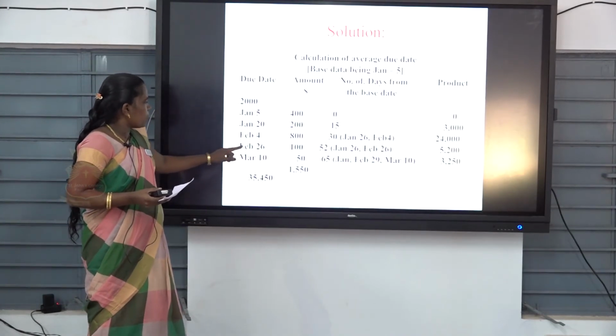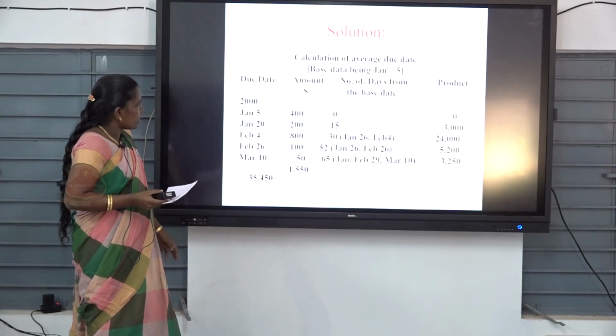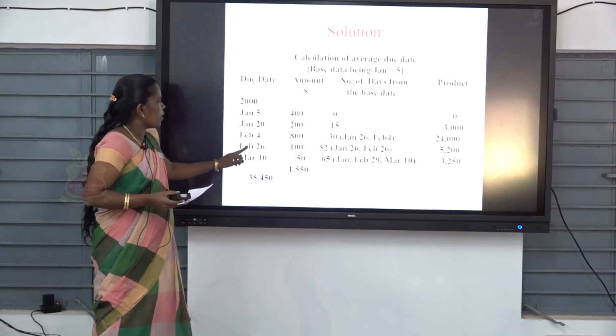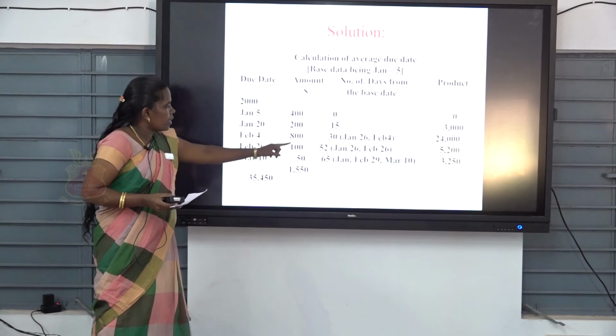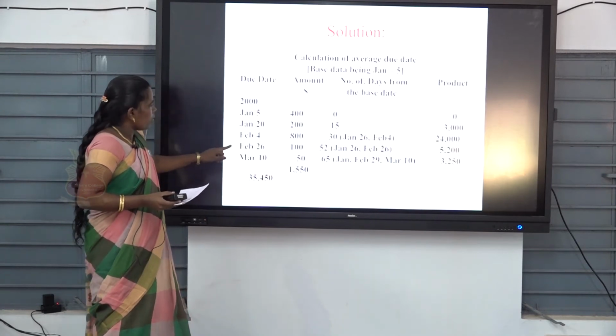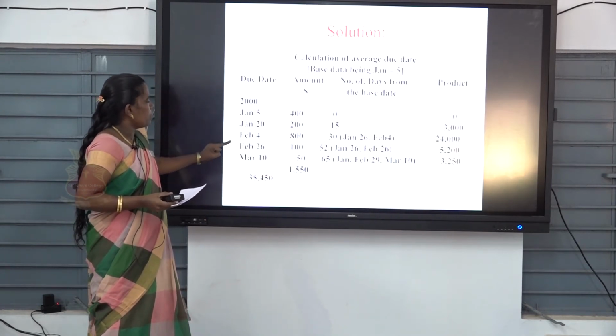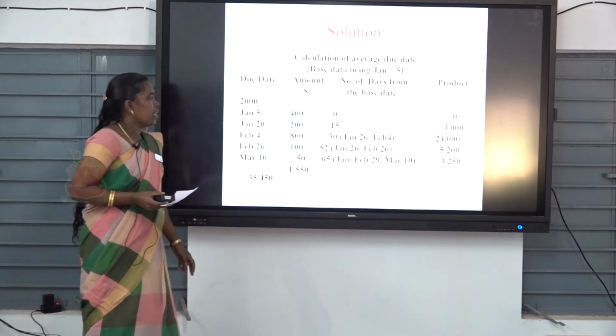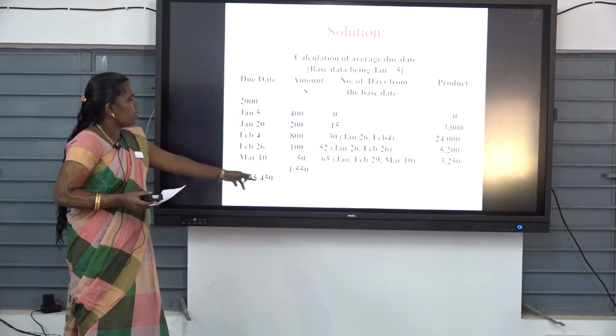Next, February 26, amount 100: January 26 days and February 1 to 26, total 52 days. 52 into 100 is 5,200.